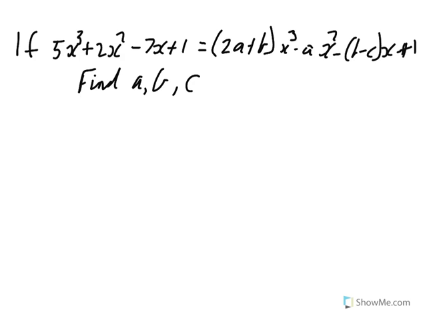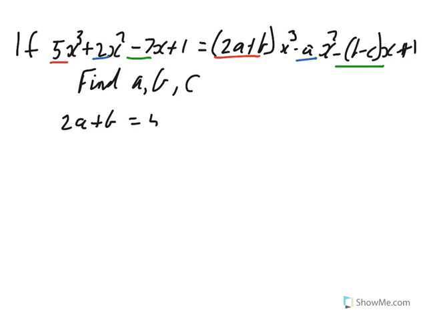So we need to equate our coefficients of each, so we're looking at those two things being equal, coefficients of the x squared terms being equal, coefficients of the x terms being equal.